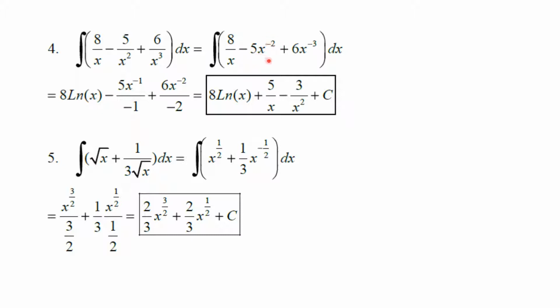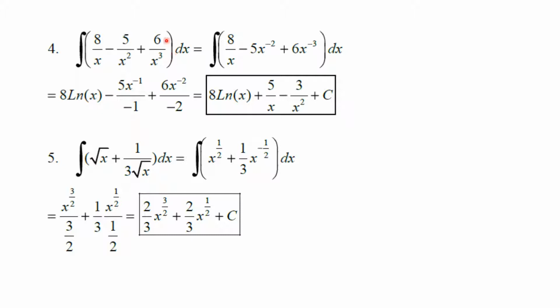So using the x to the power of n integration rule, negative 2 plus 1 will result in negative 1, divided by negative 1. So therefore, this can be further simplified to negative negative, it becomes positive. So it becomes 5 over x.